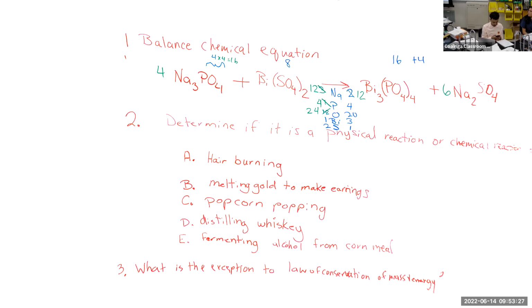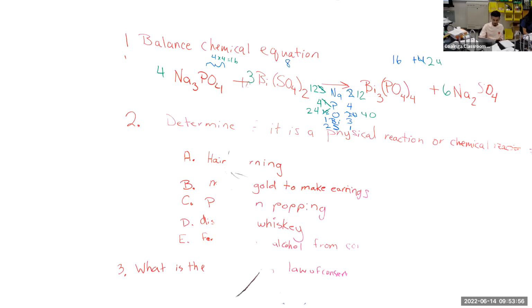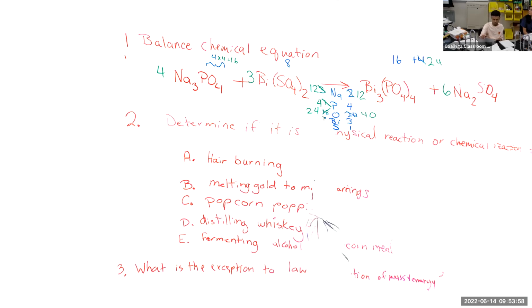Going deaf in one ear and can't hear out the other. 24. Okay, so 24 plus 16. Oh, awesome. Okay. Are we good? Yeah, pretty much. Add a 3 on the Bi of the reactants. Is that 3 here? Yeah. Okay, it's got a 3 here. So that gives us 3 here.